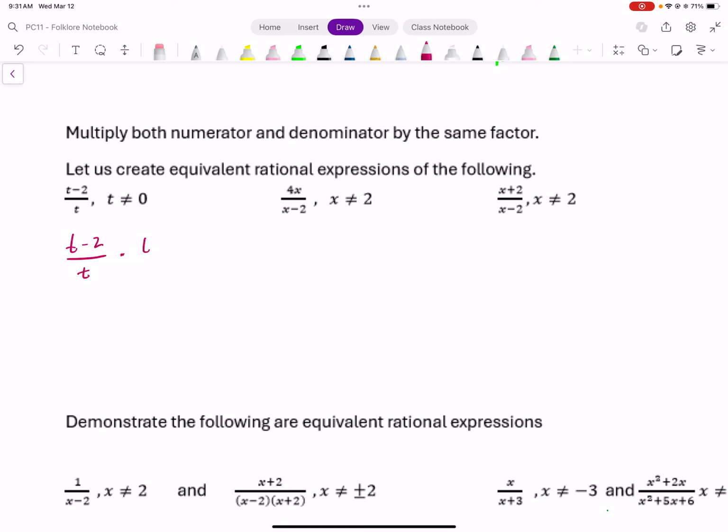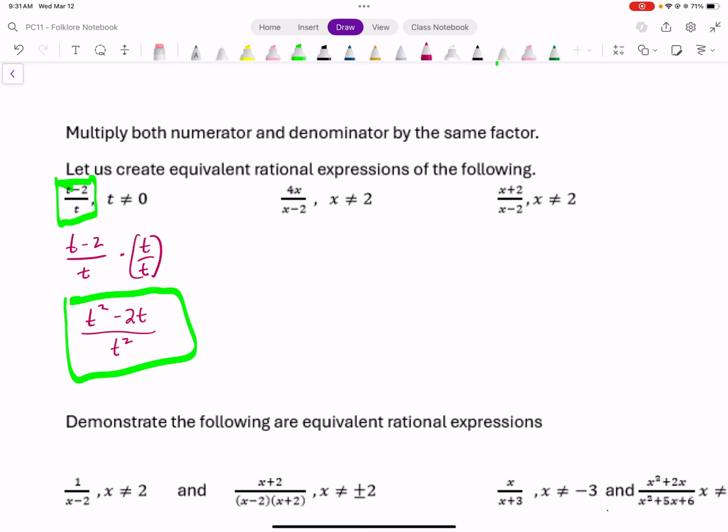If I multiply both top and bottom by the same factor, really I'm just multiplying by 1. I'm going to create the expression (t − 2)t/t². So this is equivalent to this.